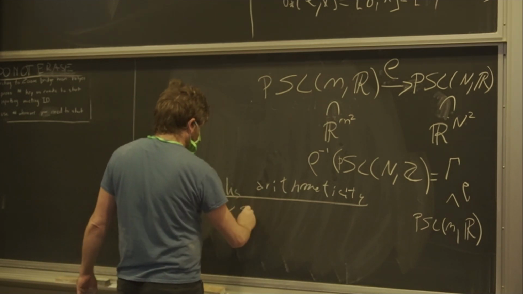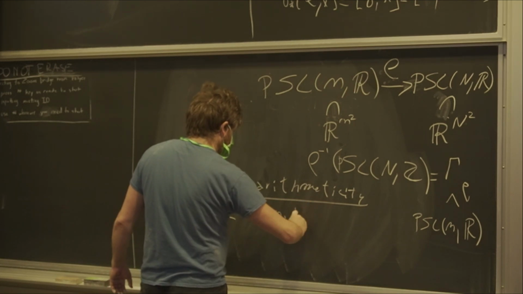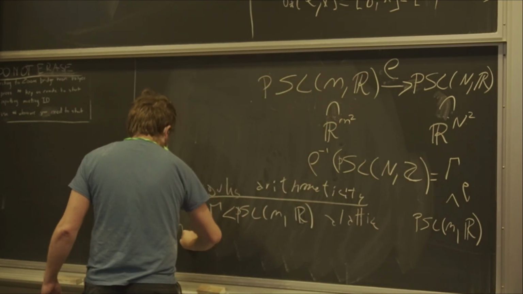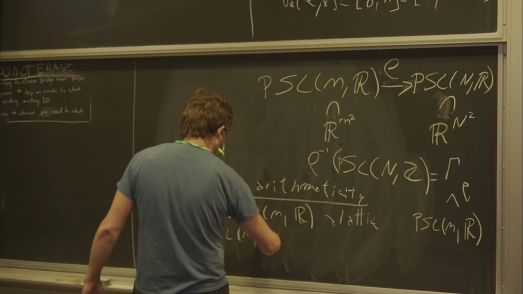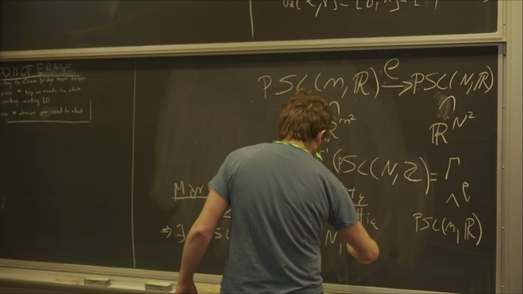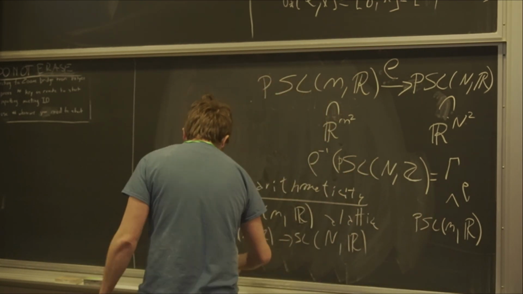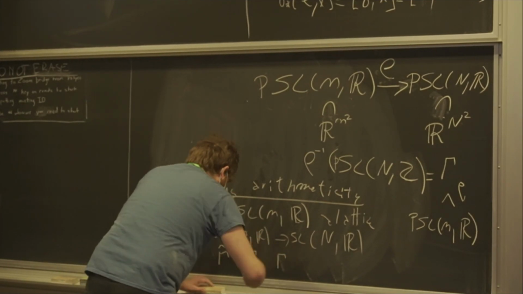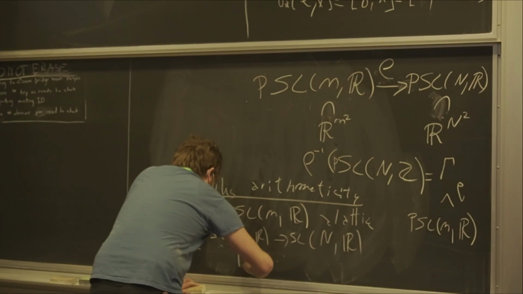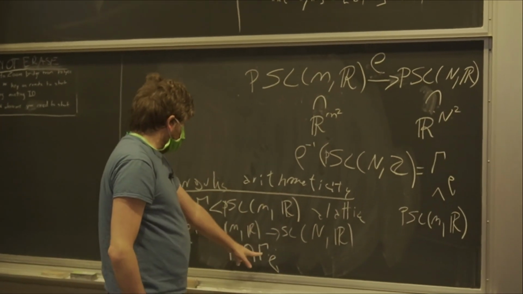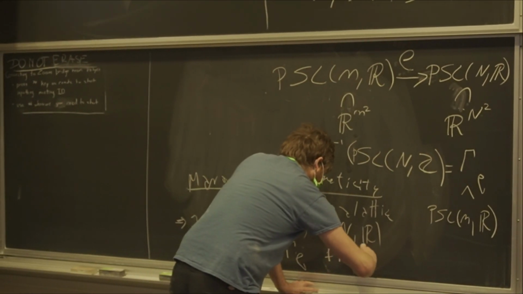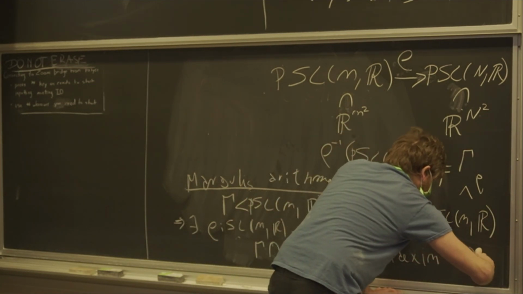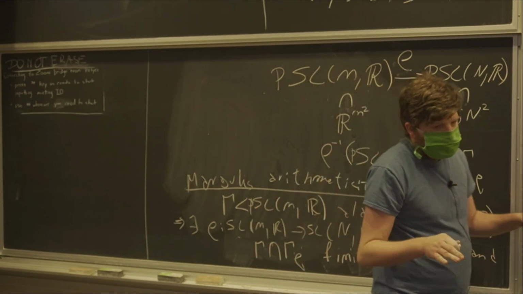It says that if Gamma is a lattice, then there exists rho from SL_N(R) into SL_N(R) defined over the rationals such that, on some Gamma hat, which is a subgroup of Gamma, or even better, such that Gamma intersected with Gamma_rho is of finite index both in Gamma and in Gamma_rho.